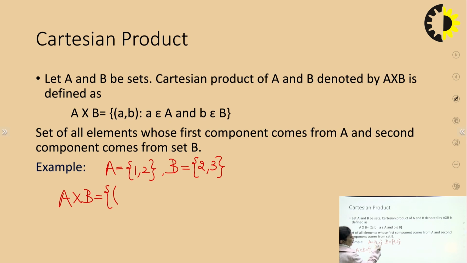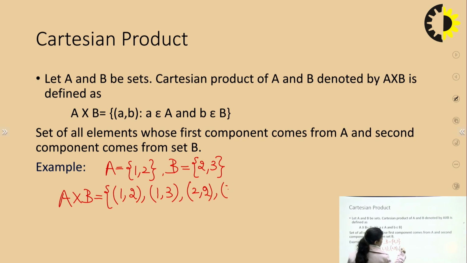So it will contain (1, 2), then (1, 3), then (2, 2) and (2, 3). So this is going to be my A cross B, that is, I will list down all the (a, b) elements such that a is from set A and b is from set B. So it is the set of all the elements whose first component will always come from set A and the second component will come from set B.